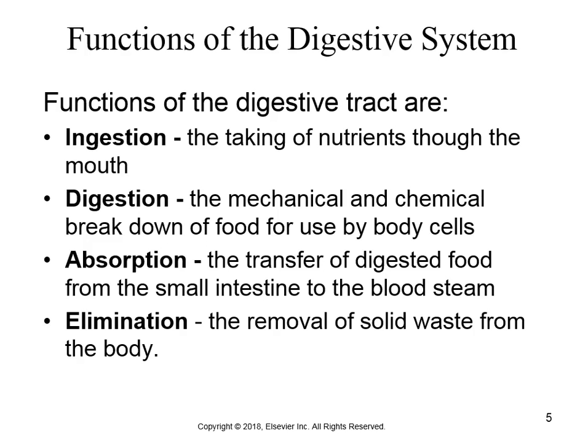Mechanical meaning actual physical movement like chewing, muscle contractions, and then the chemical part, which is that saliva, and the enzymes that come with that, breaking down the food that you eat. And then as that food travels through your intestines, a lot of those nutrients become absorbed from the food and go into the bloodstream. And then whatever is left over that is not nutritive gets eliminated via solid waste from the body.